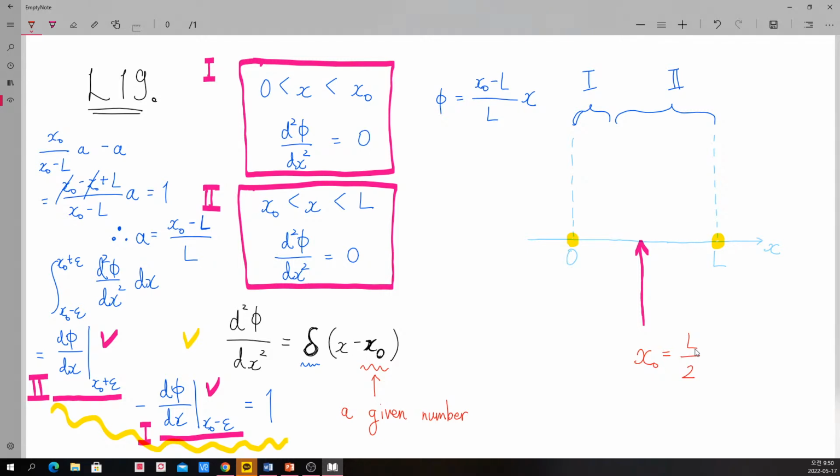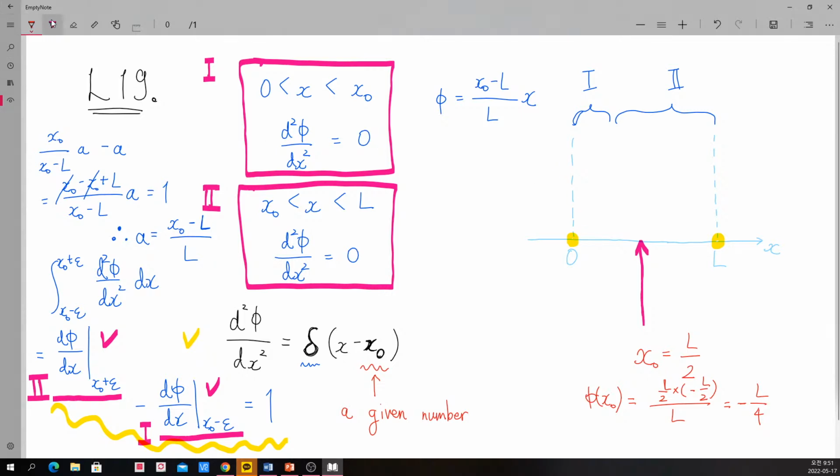Then what will be your phi at x naught? Obviously, here we have L, and half of L multiplied by minus half of L, so we will have just minus a quarter L.